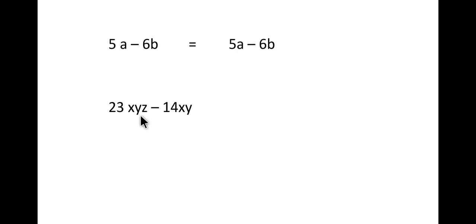So if they are not like terms, then just like above, we write them as unsimplified, that is as 23xyz minus 14xy. So whenever there is addition or subtraction of unlike terms, those expressions are written as they are without further simplifying them, because they cannot be simplified.